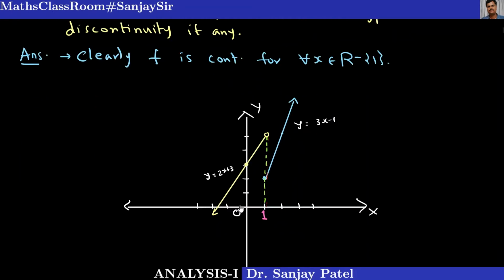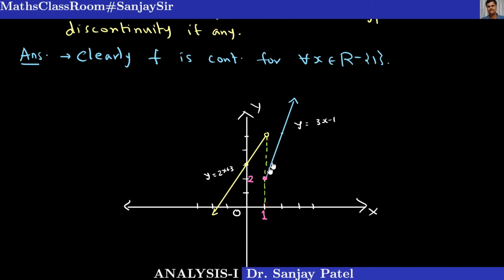So when x equal to 1, the function has the value 2, that you can see here. This is the point at which the function has the value 2. The function takes a jump, or it is breaking here at the point x equal to 1. So it is clearly not continuous at 1.